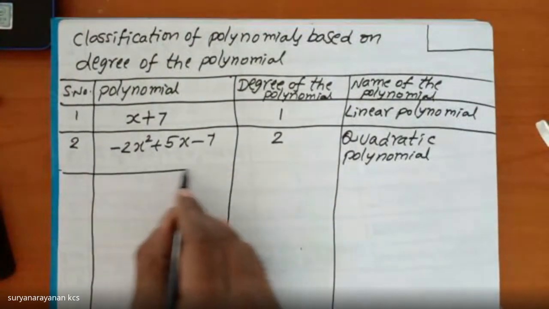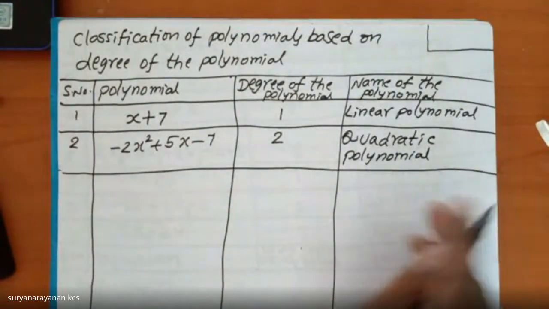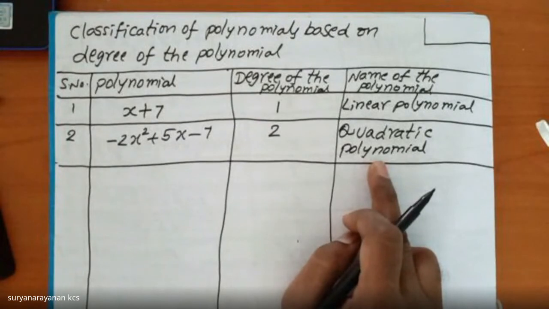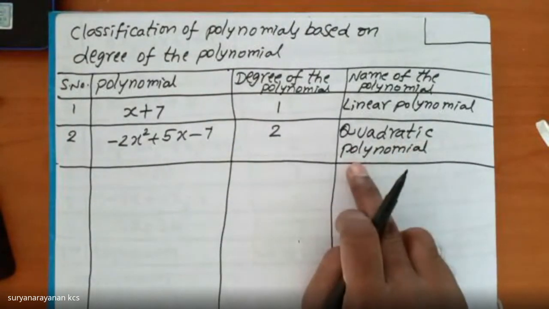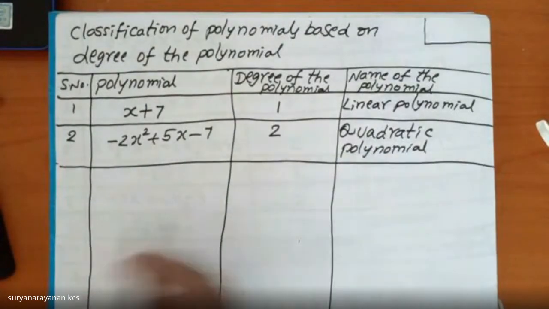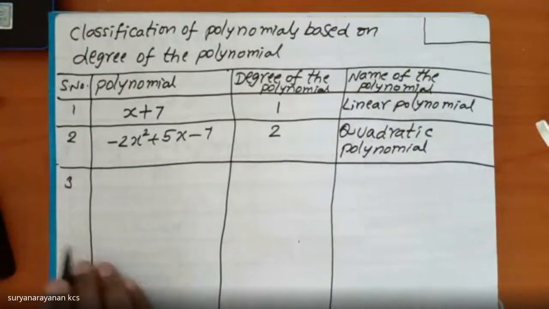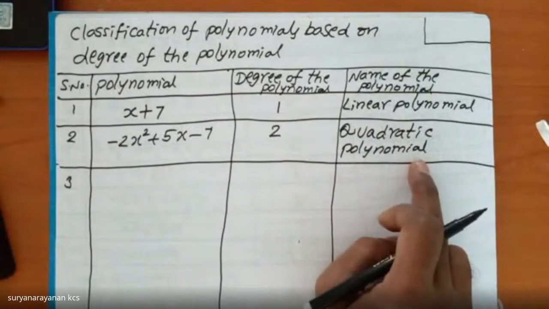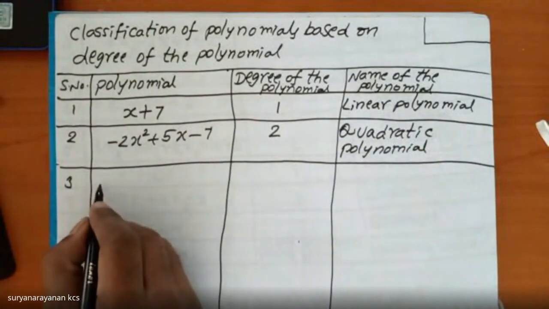If the degree of the polynomial is 2, then the polynomial is called quadratic polynomial. Okay. You have to remember these words: linear polynomial, quadratic polynomial. Okay, my children.